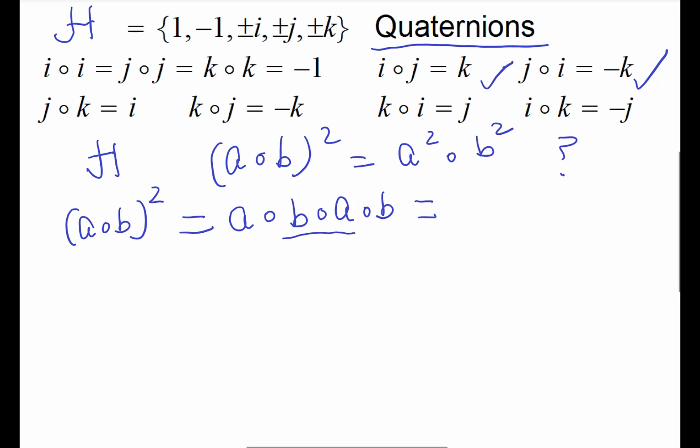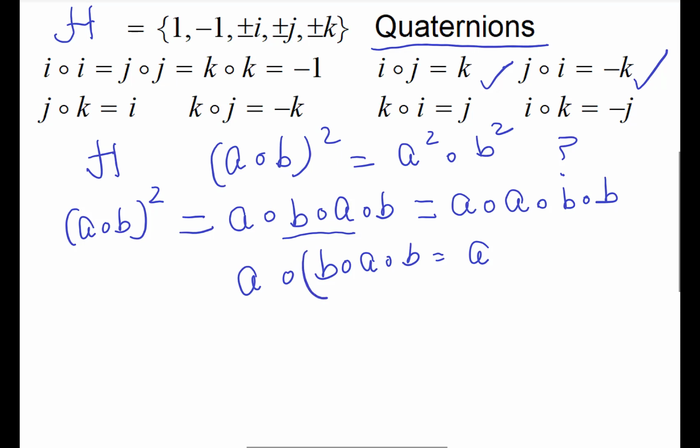let's look at the middle, because that's what we needed to switch, right? So this will become A∘A, then here B∘B, right? So this is what we got, and then we have this, and we got this.